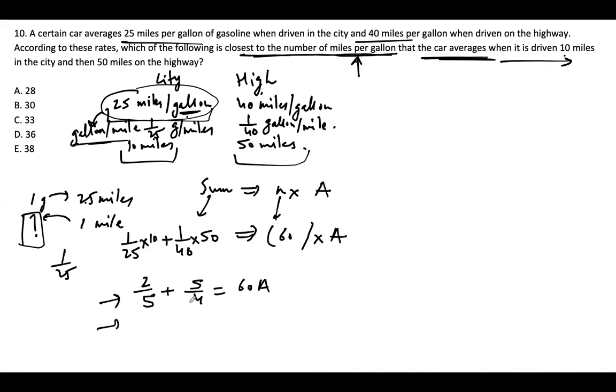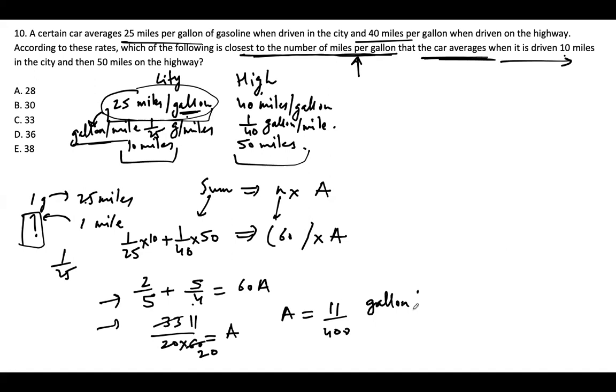Can we solve? 8 plus 25 is 33 by 20, into 60 will come in the denominator. So what will be the average? 3 11s are 33 and 3 20s are 60. So 11 by 400. But what is the unit of this average?